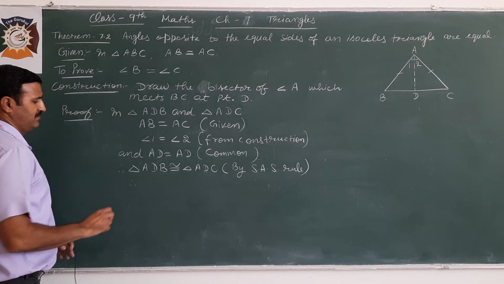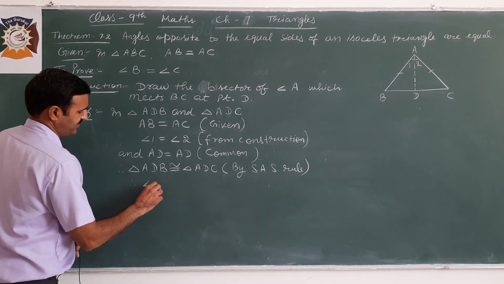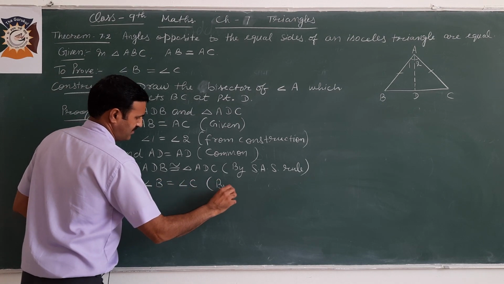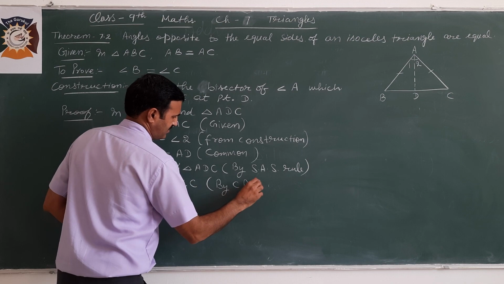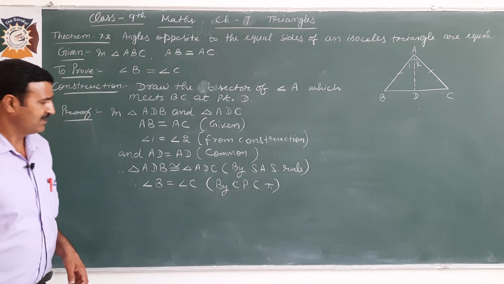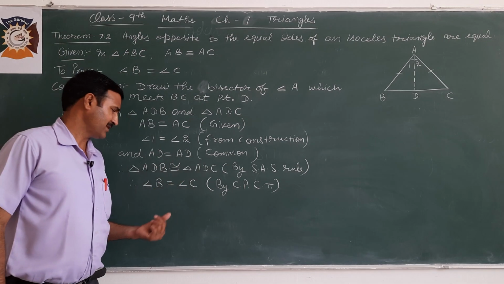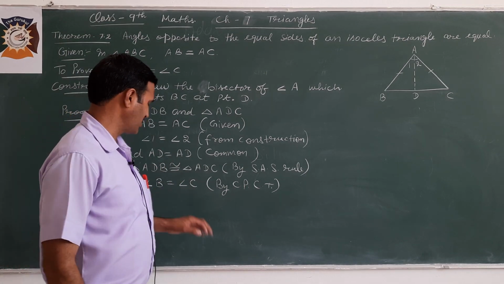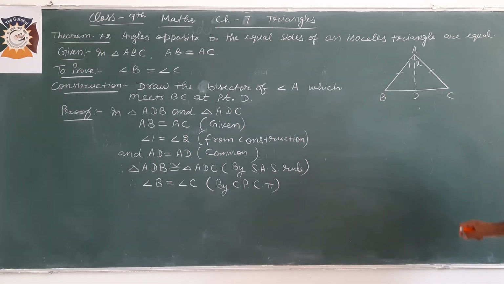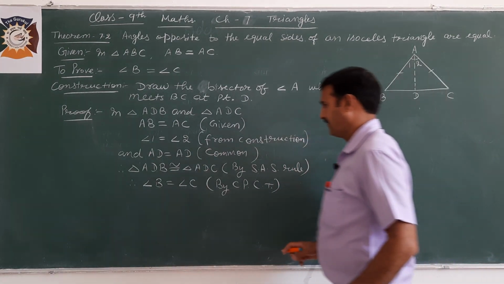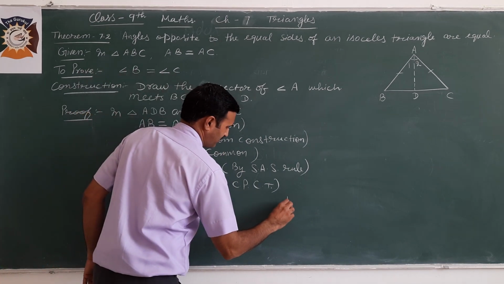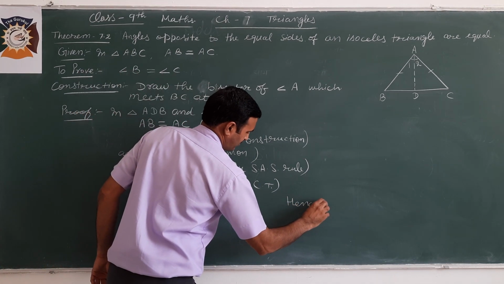Therefore, angle B is equal to angle C by CPCT, corresponding parts of congruent triangles. Because these two triangles are congruent, therefore their corresponding angles, angle B and angle C, are equal, and this is the theorem, hence proved.